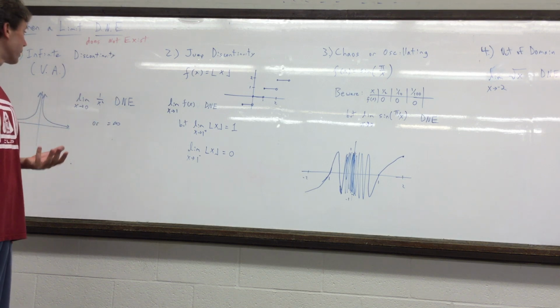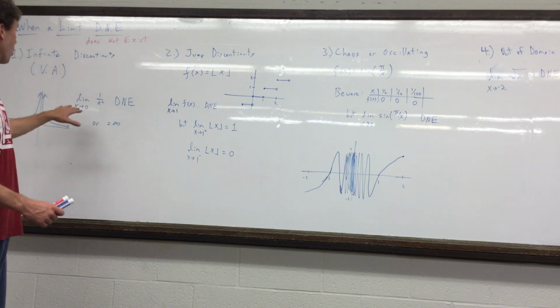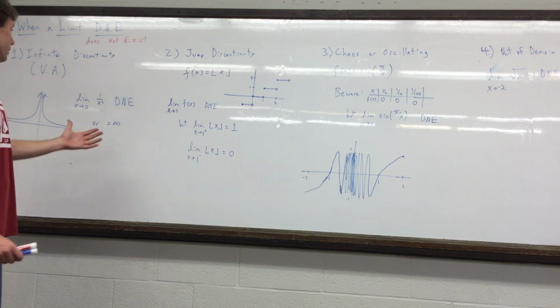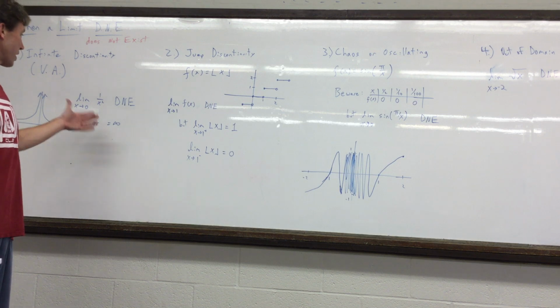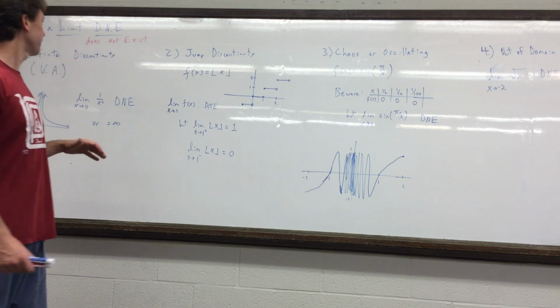It just gets bigger and bigger without bound. Now, if you want to give more information, it's okay to say that this limit equals infinity, but realize infinity is not a number, so this limit doesn't really exist. Saying equals infinity is just a way of explaining why it doesn't exist, giving a little more context.